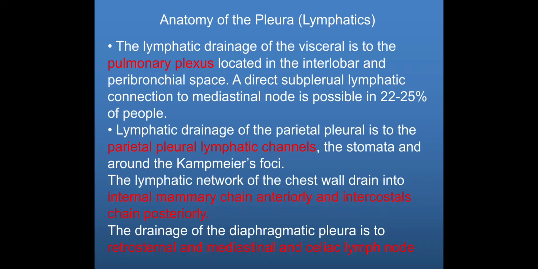Lymphatic drainage of the parietal pleura is to the parietal pleural lymphatic channels, the stomata, and around the Kampmeier foci. The lymphatic network of the chest wall drains into the internal mammary chain anteriorly and intercostal chains posteriorly. The drainage of the diaphragmatic pleura is to retrosternal, mediastinal, and celiac lymph nodes.